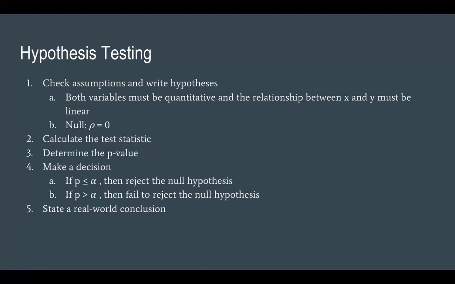Your null hypothesis is that rho is equal to 0, which means there is no relationship between the two variables you're testing. After you write your hypotheses, you calculate your test statistic, then use it to determine the p-value. Then you decide whether to reject or fail to reject the null hypothesis based on your alpha level, and state a real-world conclusion.